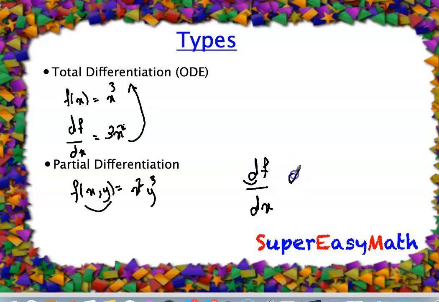We should write it like that, the partial derivative of f with respect to the variable x. So this is called a partial differentiation. So just look at the derivative. If it's d, then it's total differentiation. If it's the partial delta, then it's partial differentiation.